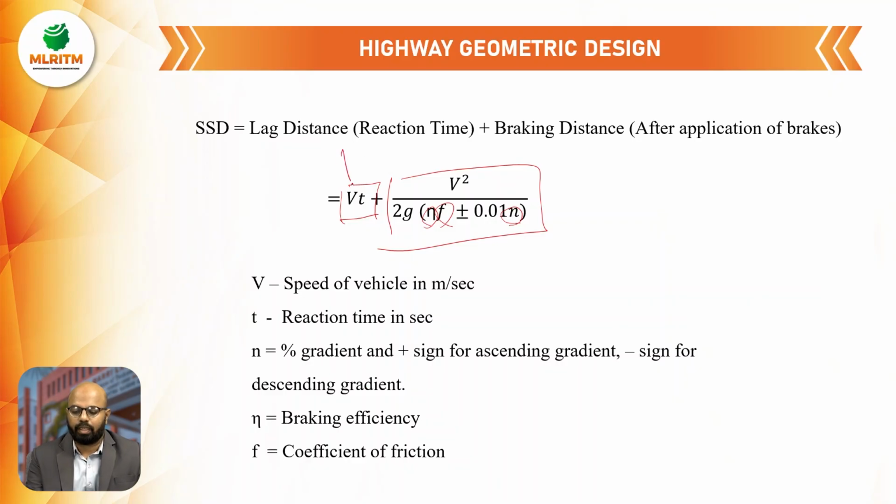Eta is the brake efficiency, f is the coefficient of friction, and n is the gradient. The velocity is taken in meters per second, whereas t is taken in seconds. A positive sign is taken for the ascending, upward gradient, and a negative sign for descending gradients.